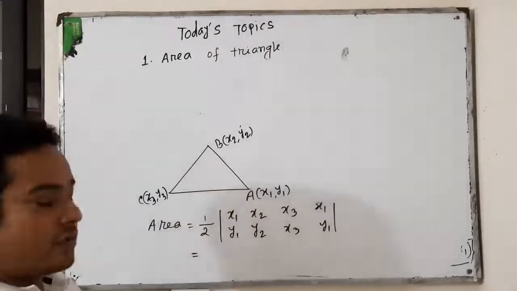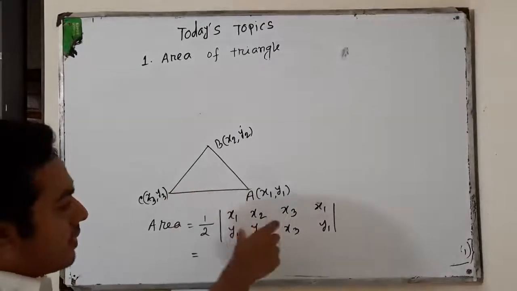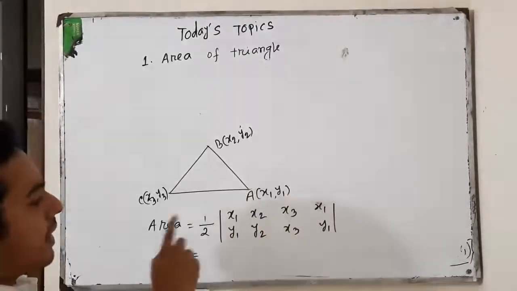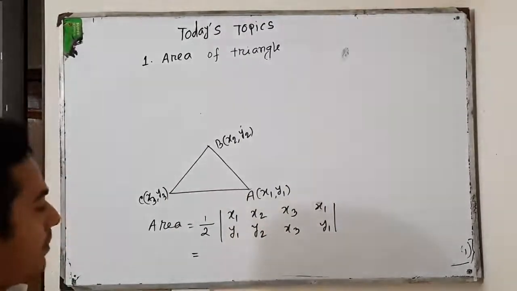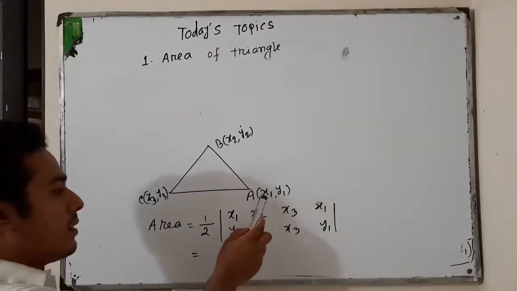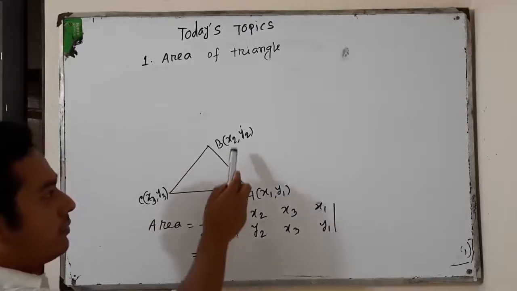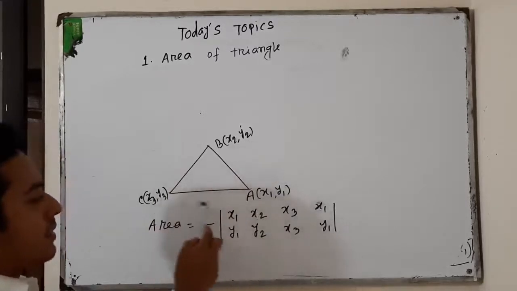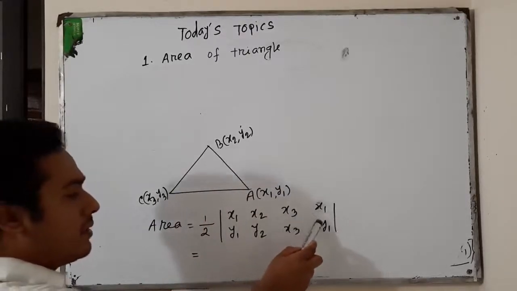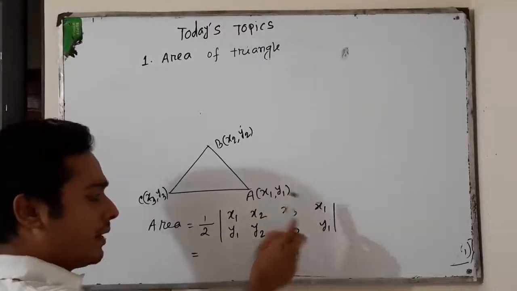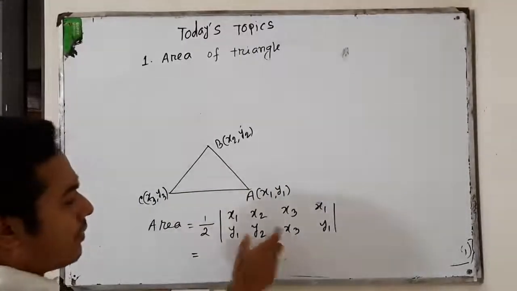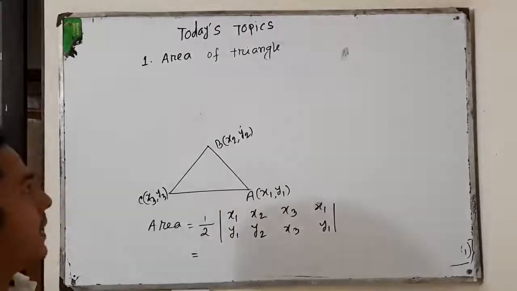It is mandatory to arrange them in anti-clockwise order. So we start from one point, x1 y1, x2 y2, x3 y3, and take the starting point again. This is the formula to find the area of a triangle.